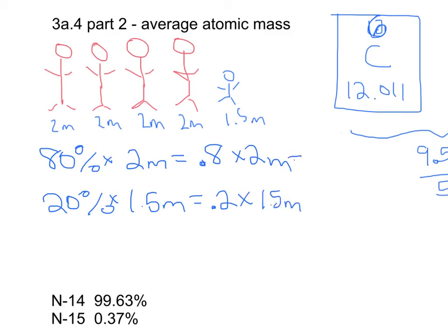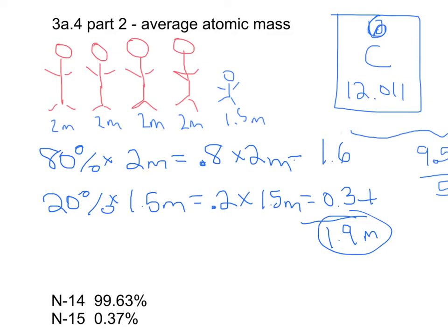And if we work out that 0.8 times 2 is 1.6, 0.2 times 1.5 is 0.3. And if we just sum those up, 1.6 plus 0.3, we get 1.9 meters, which is exactly the same value we got by doing the traditional average method, where we just add them up and divide by the number of numbers.